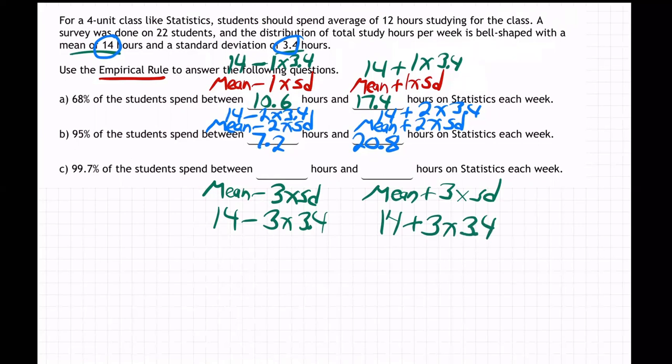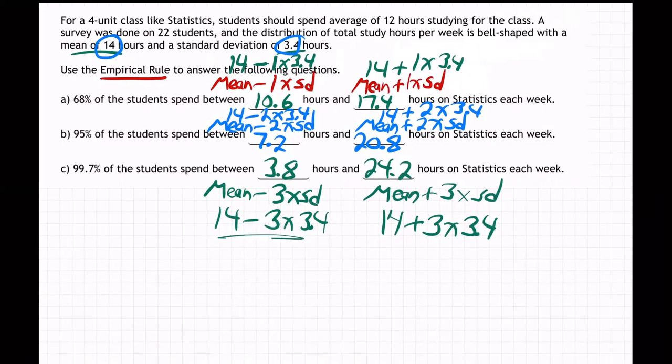That's 3.8, and this one will be 24.2. That's just on your calculator. Just hit the buttons and those are the numbers that come out.